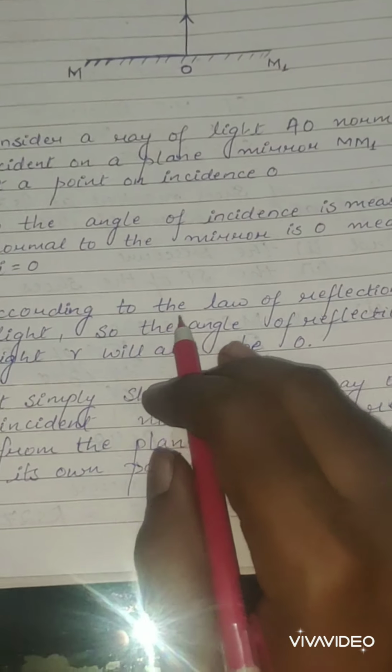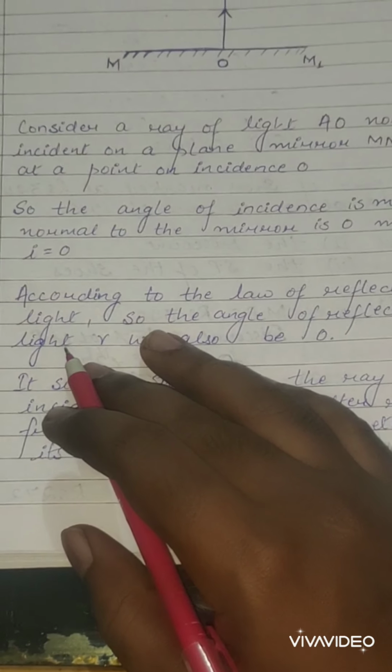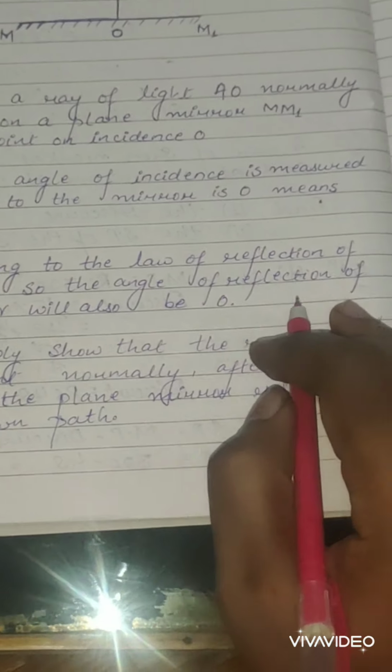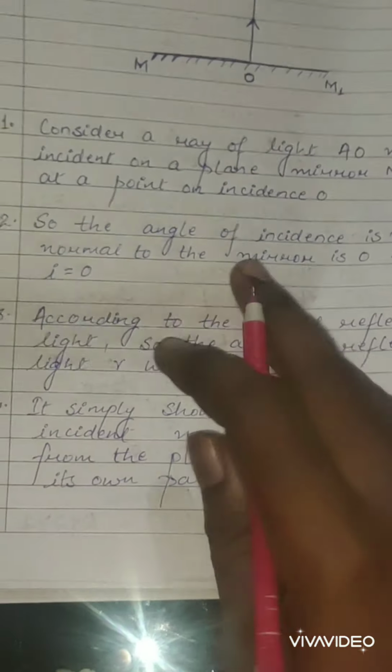Now, according to the law of reflection of light, the angle of reflection r will also be 0. Why?